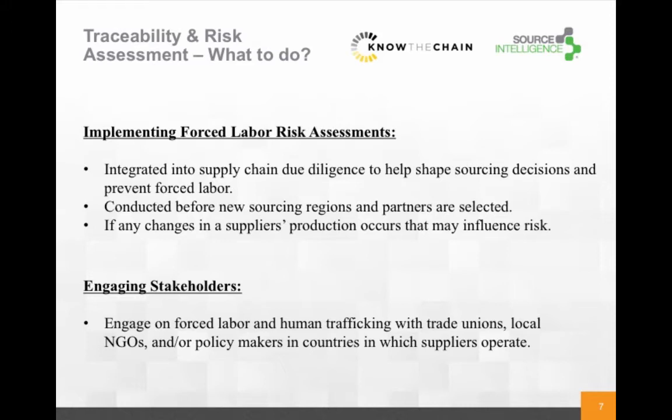This could include individual trade unions or local NGOs and or any policymakers in the individual countries in which the suppliers operate. These individual stakeholders can give you a better sense of what risks are known within the community, as opposed to simply looking solely at information that can be publicly available or captured through desk research.